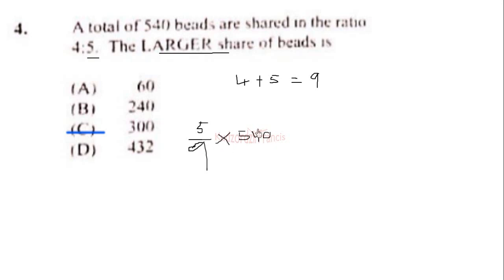So 9 will go into 54 6 times, so it means 9 will go into 540 60 times. So you get 5 times 60, and that is equal to 300.